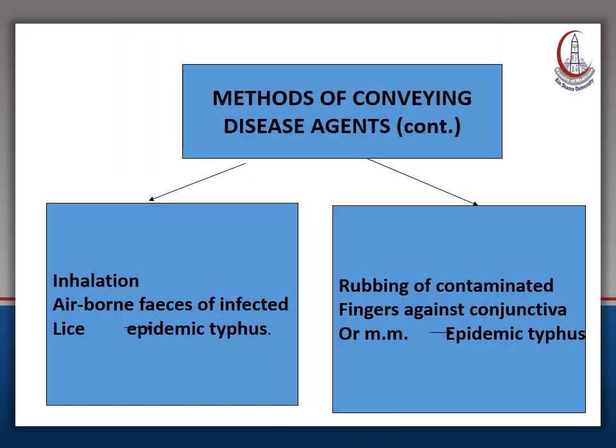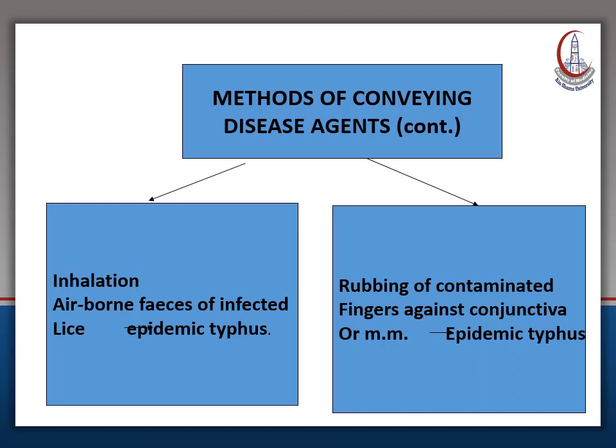Also, sometimes the causative agent of disease may come out with the feces of the arthropod, and then these feces are dried and change into minor aerosols which may be inhaled by man, and so man gets infected.